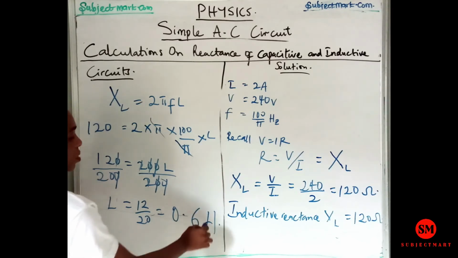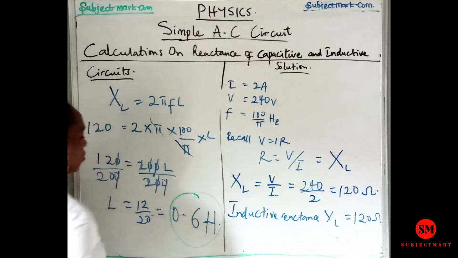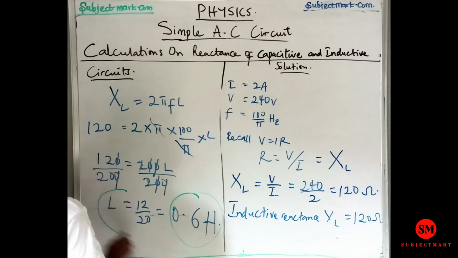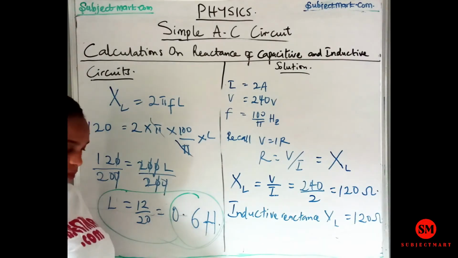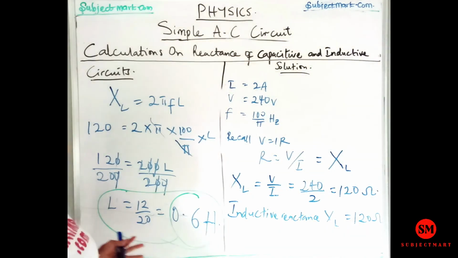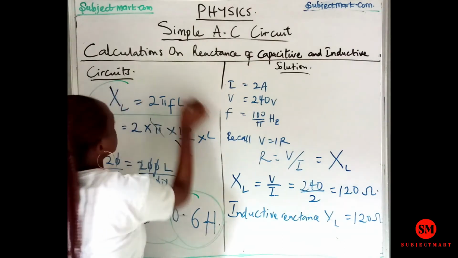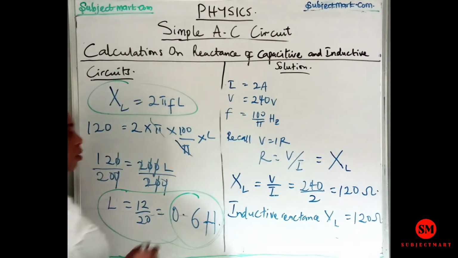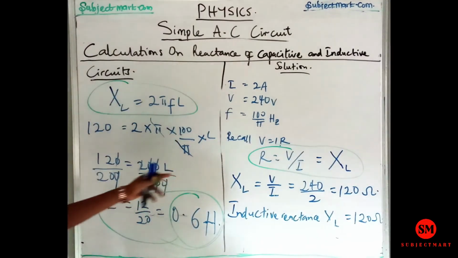The unit of inductance is Henry, capital H. So L is equal to 0.6 H. Basically, reactance has two formulas. We could use this or this, depending on what we are given.